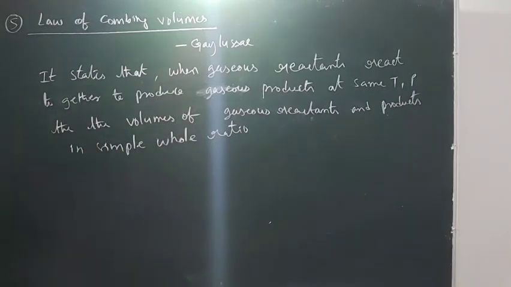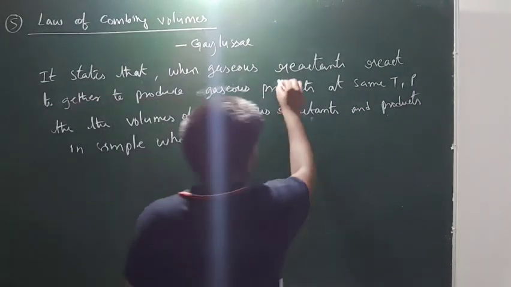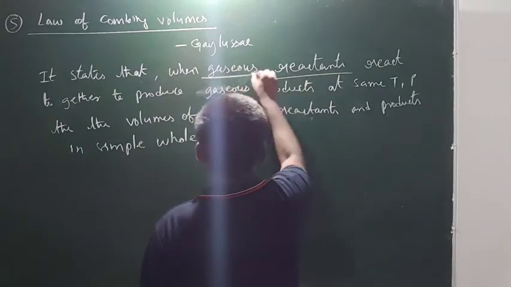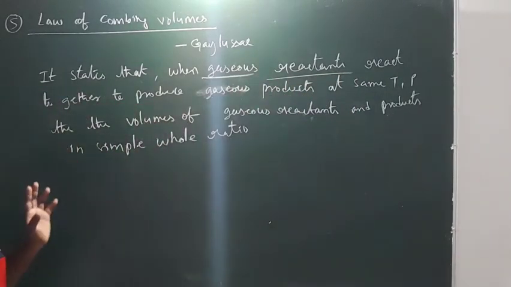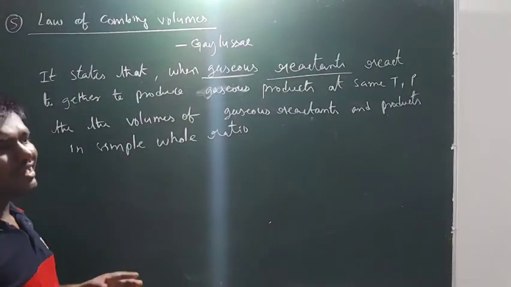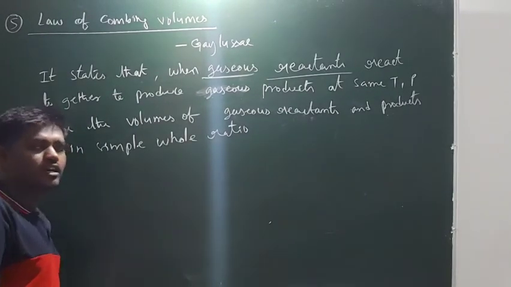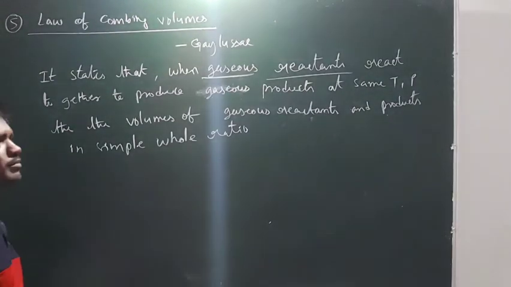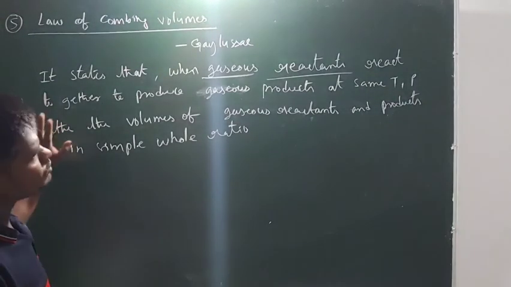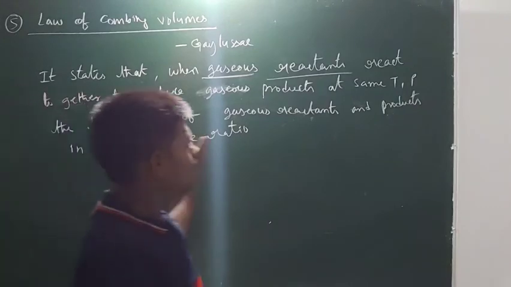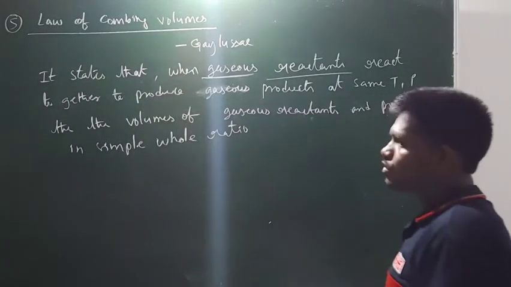At the beginning of this chapter on chemical laws of combination, I told you that the first 4 laws deal with masses of the reactants and products. Now this fifth law deals with the volumes of the reactants and products.